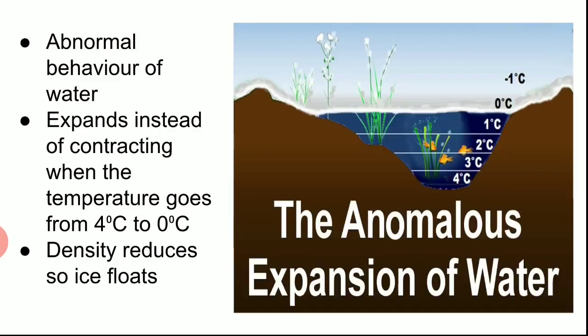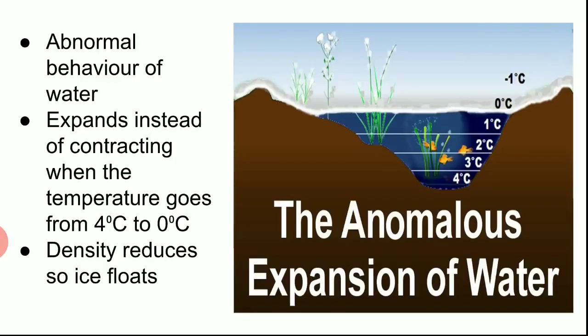But in case of water, when the water is cooled from 4 degrees Celsius to 0 degrees Celsius, it behaves in a different way. It expands rather than contracting. And when it expands, its volume increases, and since the volume increases, its density decreases.